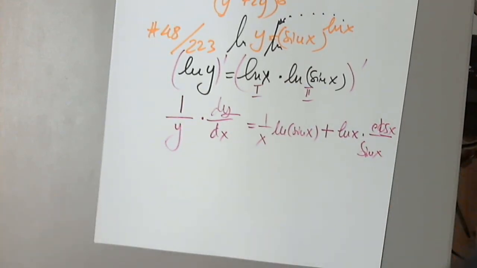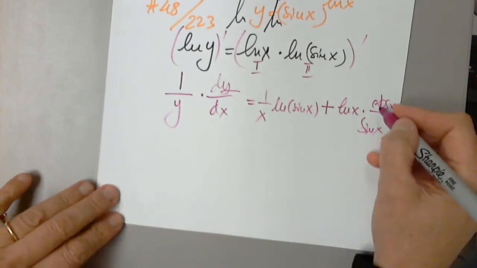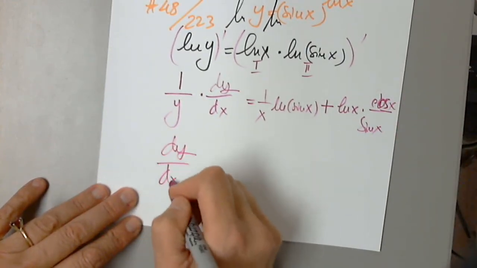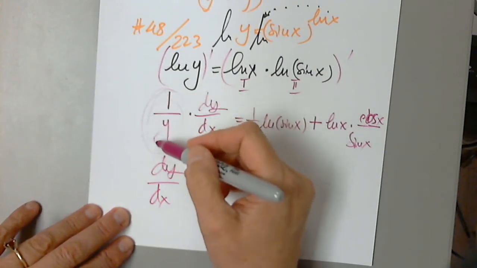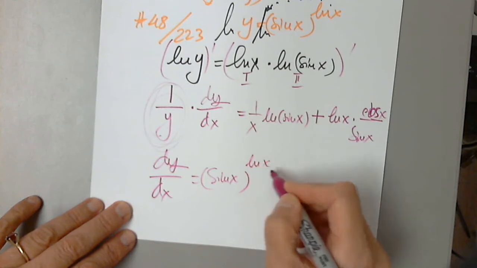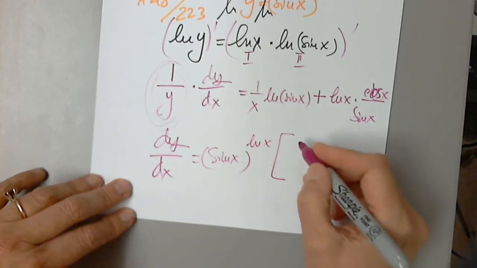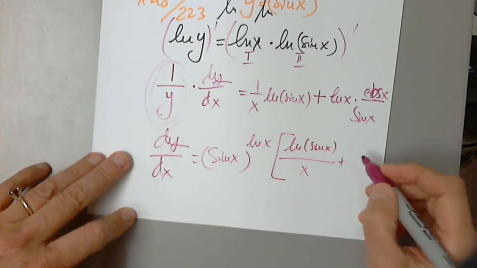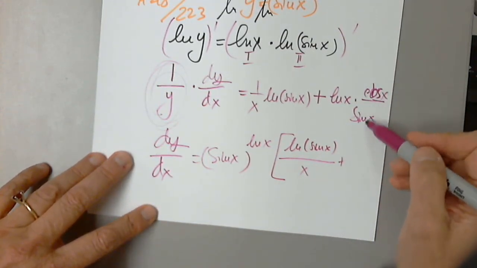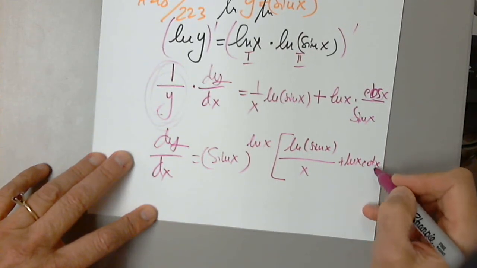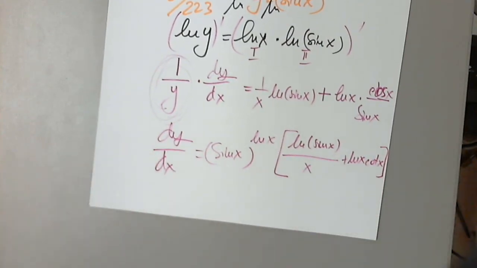Very good. So dy by dx, I need to multiply by y both sides, but y is sine x raised to natural log x. And then we have natural log sine x over x plus, I can change this into cotangent, of course, natural log x, cotangent x. And this is it.